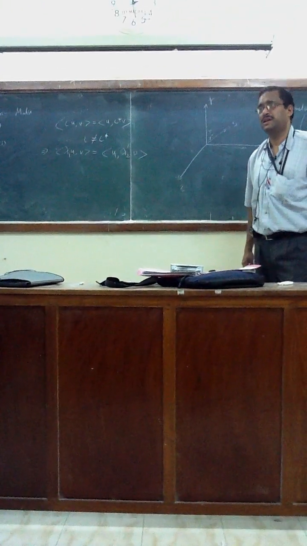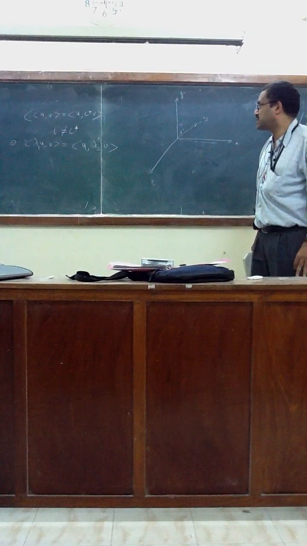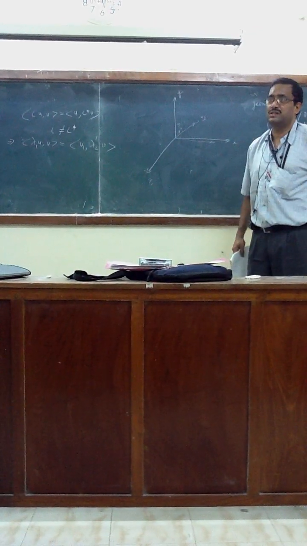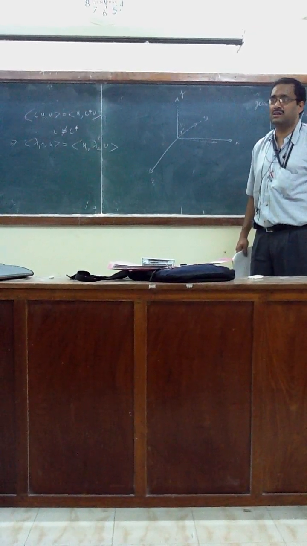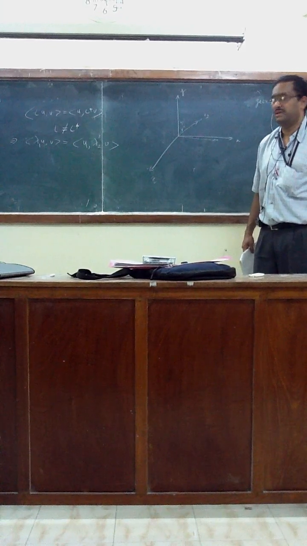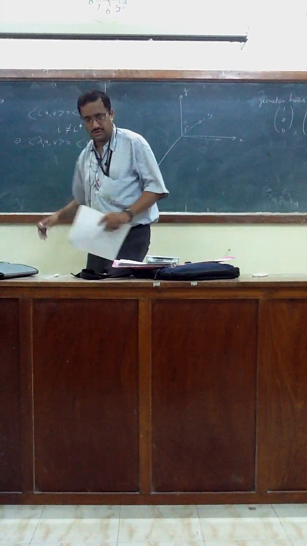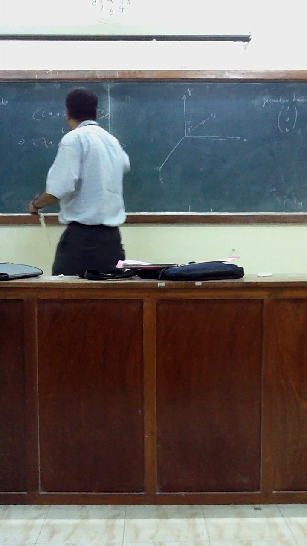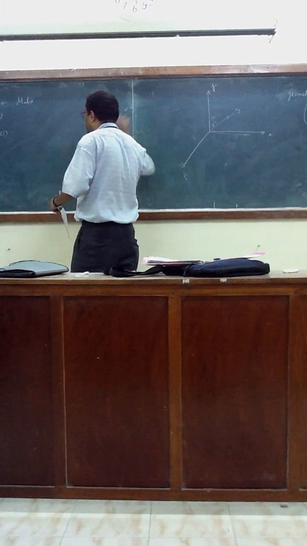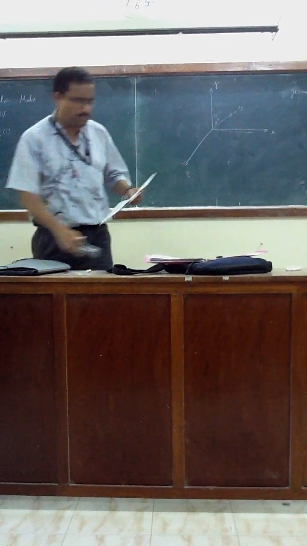Question mark, because A is not equal to L star. If A is not equal to L star, there's a problem, right? So in that case, you won't get the eigenvectors perpendicular.